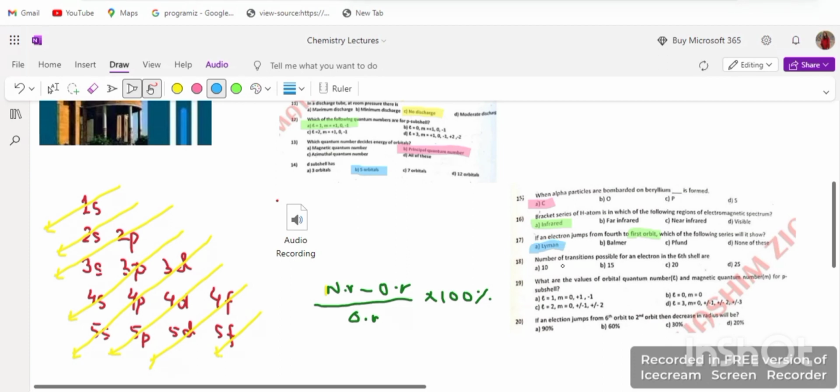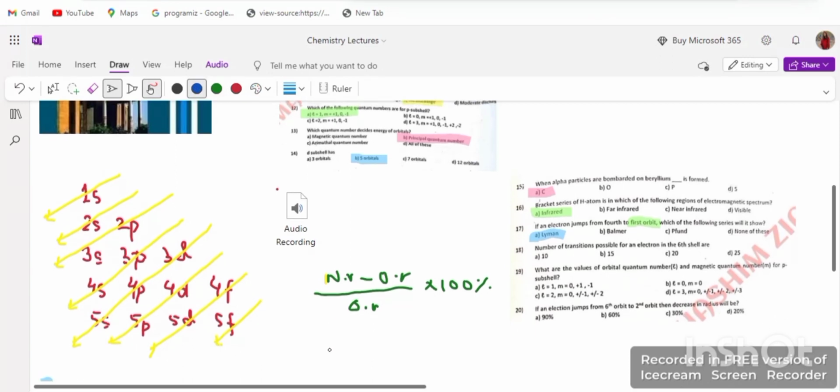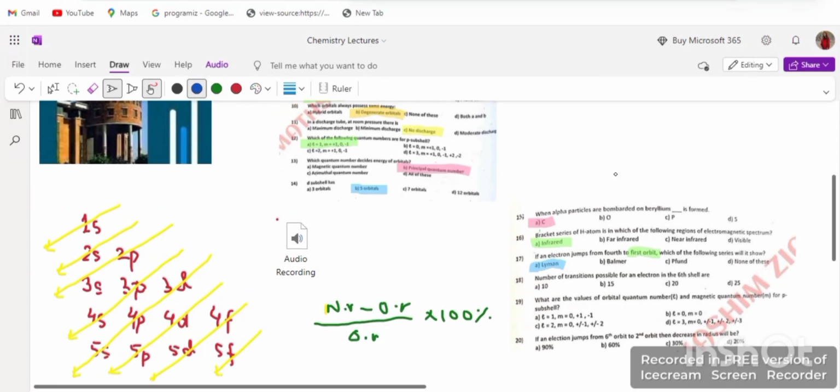18th MCQ, what is the number of transitions possible for an electron in the 6th shell? We have basically learned the formula for this, and the formula was n minus 1, then n minus 1 plus 1, divided by 2. Thus this plus 1 cancels with this minus 1.